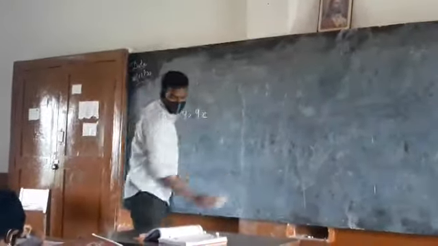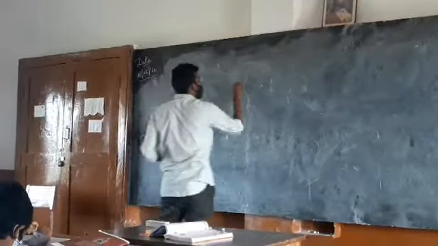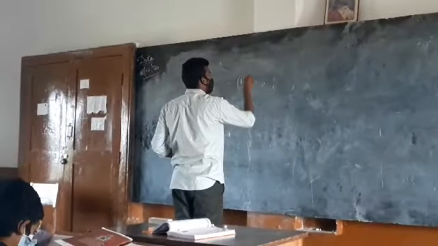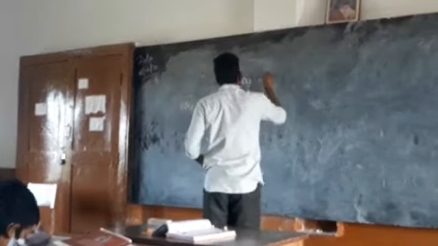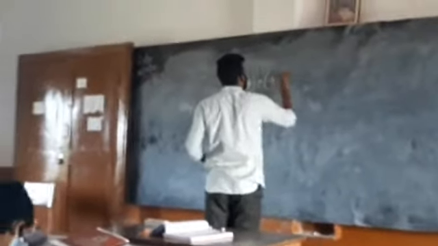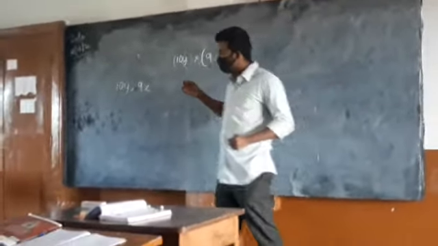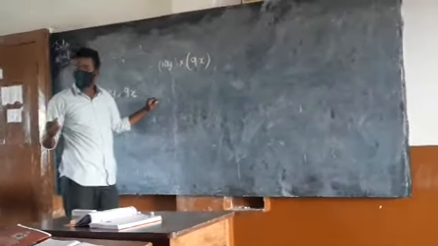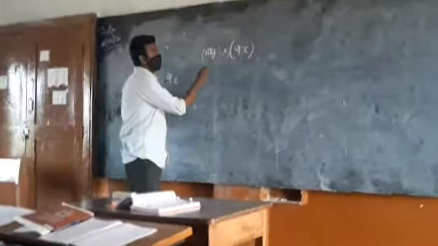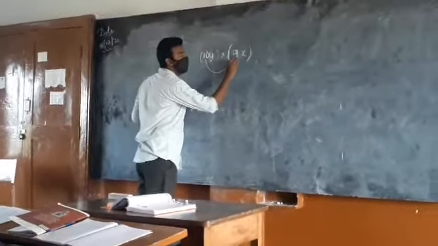What happens when we multiply them? That means 10y into 9x. How do we multiply them? Yes, 90yx. Very good. So, what are we doing? 10 into 9.